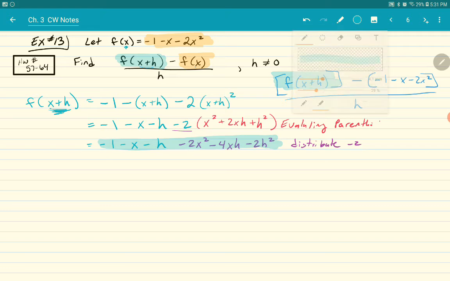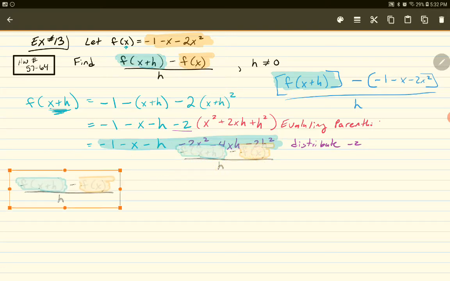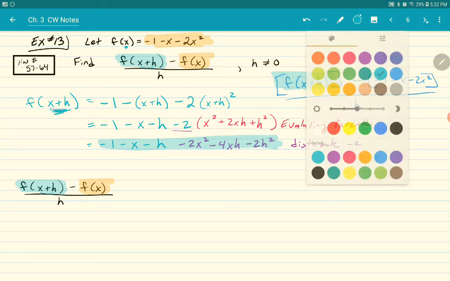So I'm just going to copy down my difference quotient down here. That's my difference quotient. I'm going to copy that down and fill in the gaps. We just found that blue part, and the orange part is at the top. That's what's been given to us.